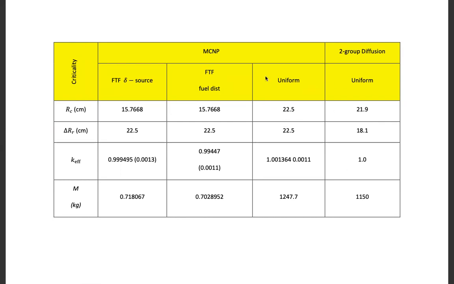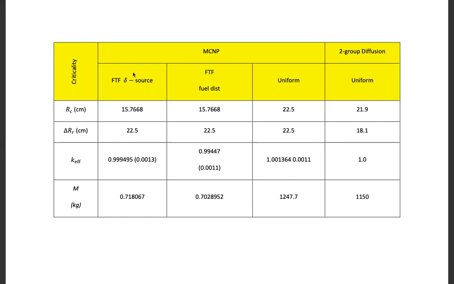Then my results with MCNP give me a K value shown here with standard error, relative error less than 1%, so it's about 0.11%, and the mass I get is 1247.7 grams. So Monte Carlo says that a uniform distribution requires a critical mass of 1247.7 grams of U235.